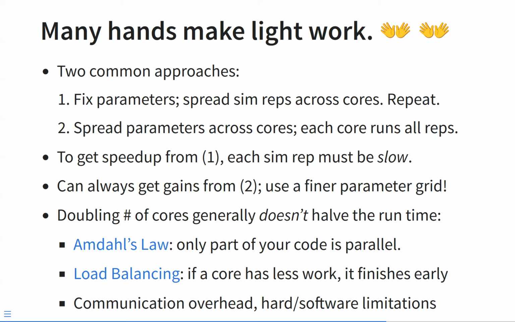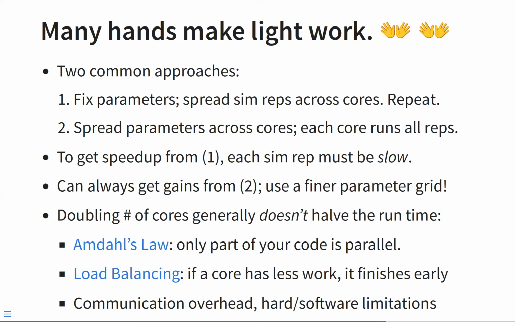Another option is to actually spread the parameter grid across cores. In this case, we'd have each core run all replications for that particular parameter configuration. So let's suppose we were running a simulation, and we had a parameter mu that could take on the values 1, 2, 3, 4, or 5, and we have 5 cores.